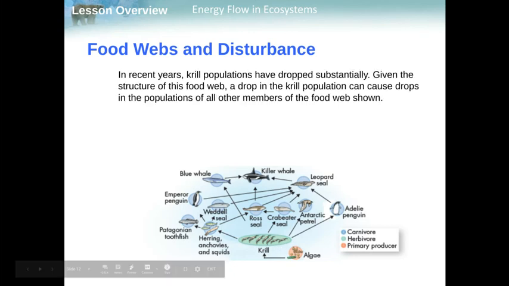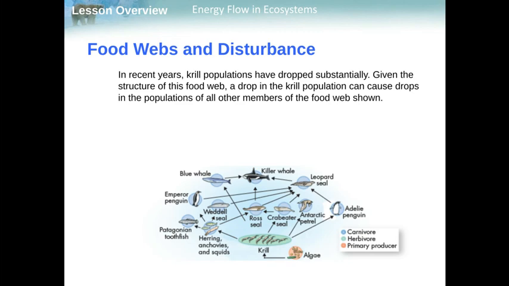Okay. So in recent years, krill populations have dropped substantially. Okay. And because of this, we see that everything becomes affected because of it. Okay. Drop in the krill population causes drops in the populations of all other members of the food web shown. Now, do we find this same concept across the board in different ecosystems?